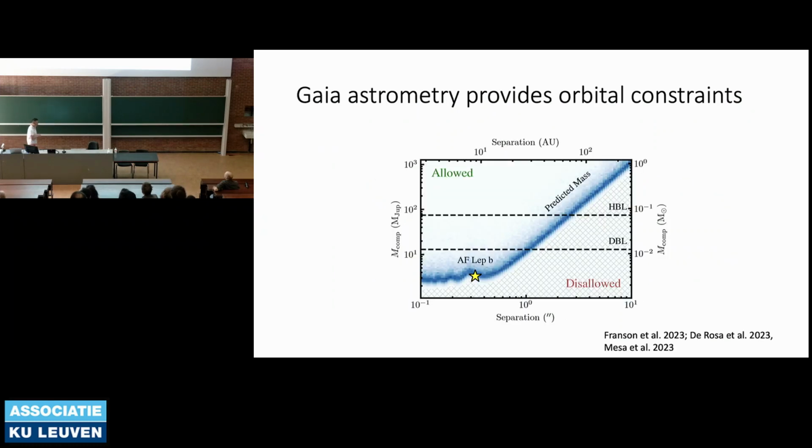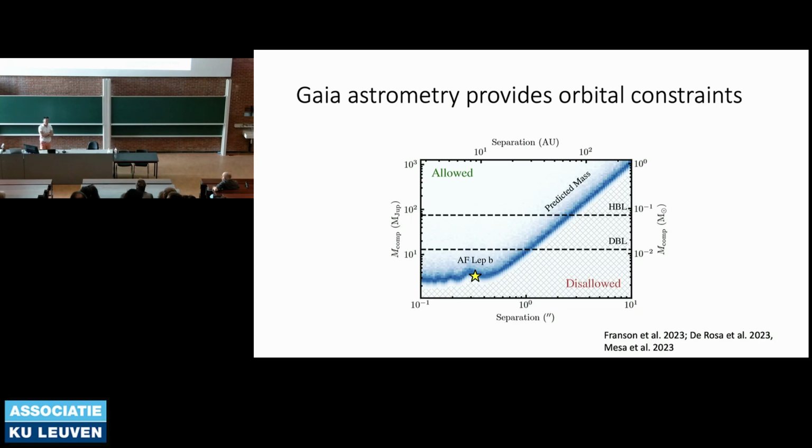Another thing to add, which is also a new development, is Gaia, the pride of the European people here, because Gaia was developed by ESA. And Gaia also offers a great opportunity to detect giant planets using astrometry, the wobbling of the star in the sky plane.